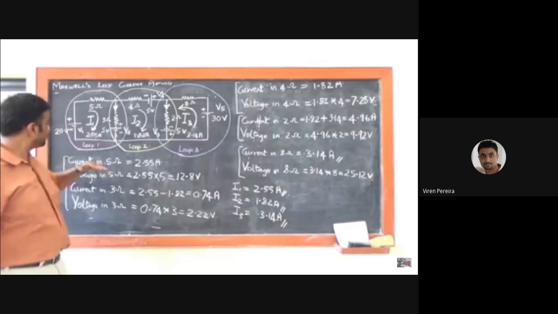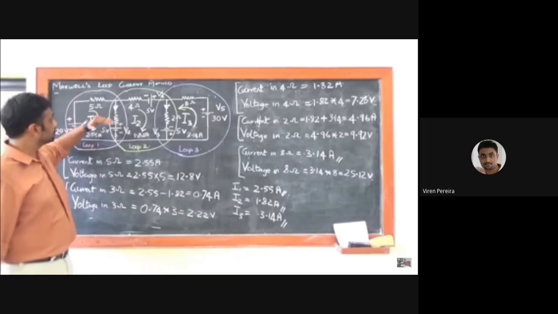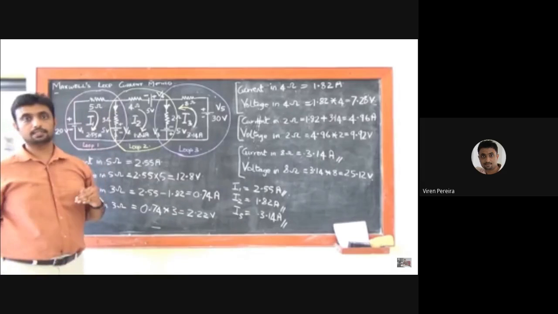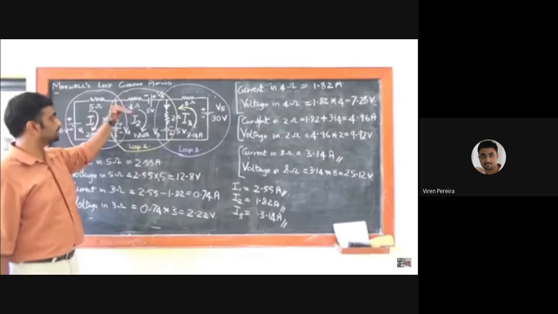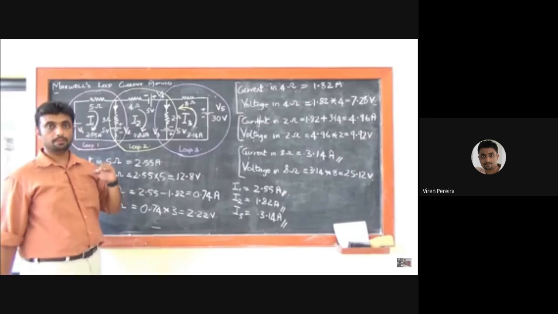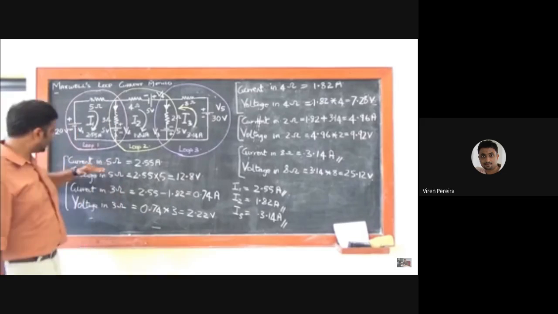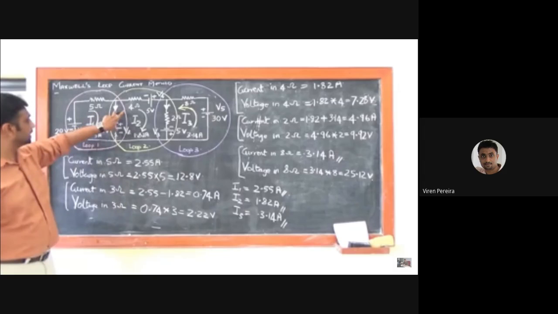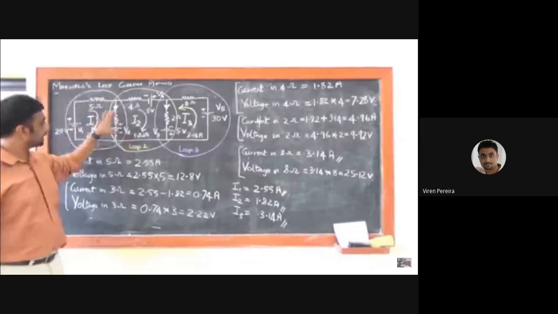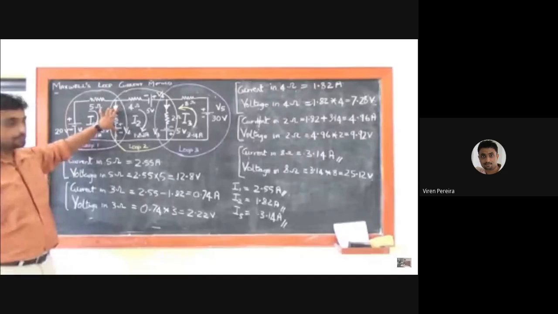Once you have written all these currents, find the current and voltage through each resistor you are going to find. So to find the current through the 3 ohms resistor, it is I1 minus I2, so we got the current here.